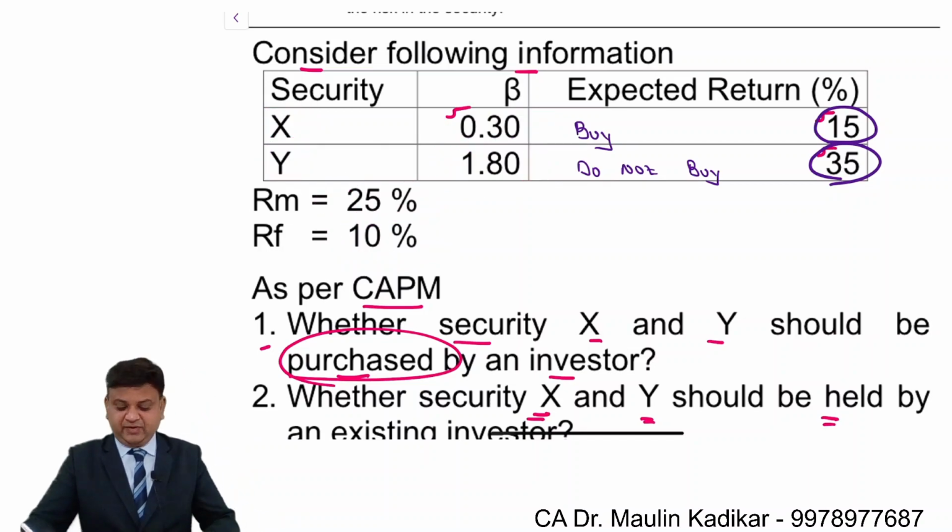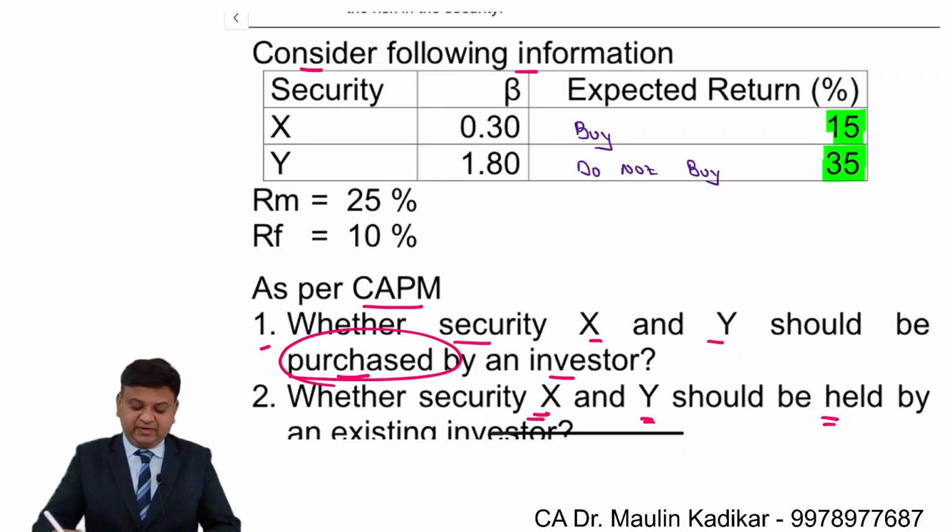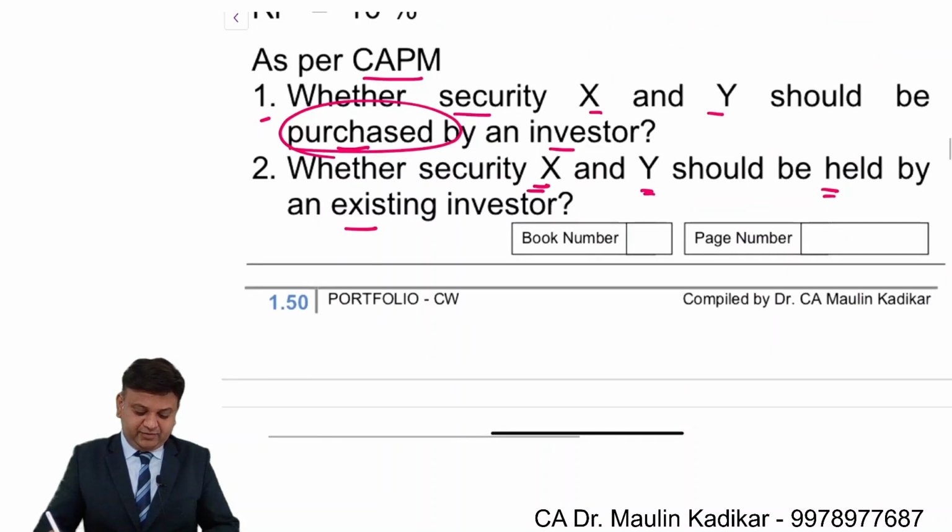Apparently security Y is going to give more return, a return of 35%, which is more than 15%. So apparently security Y is better. Still, for security Y we have decided that we should not buy.